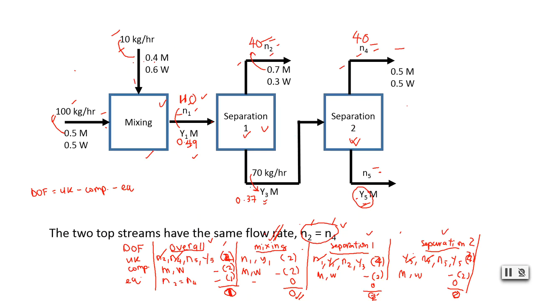For this I want to do the overall mass balance instead of separator 2, but you can do the separation 2 mass balance if you want, since the DOF is also 0. But here I want to show you the overall mass balance to get y5.